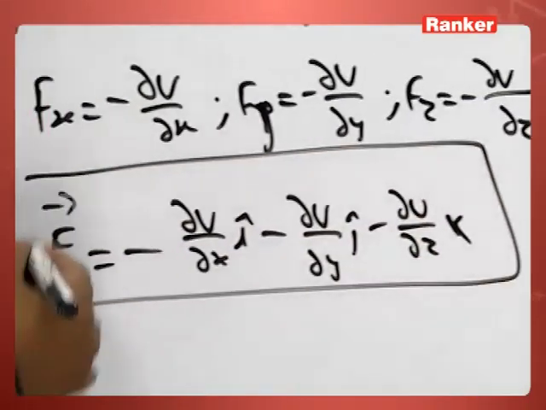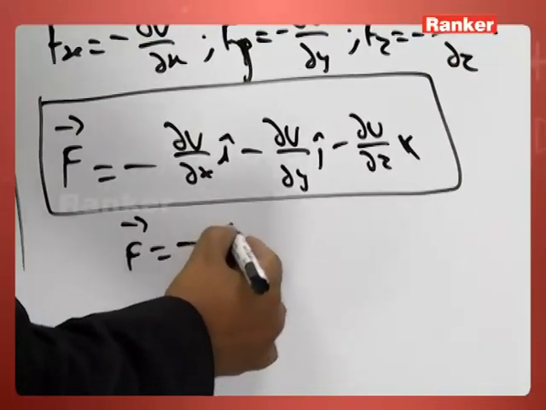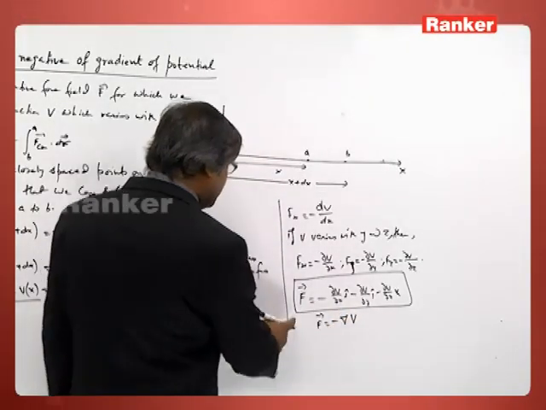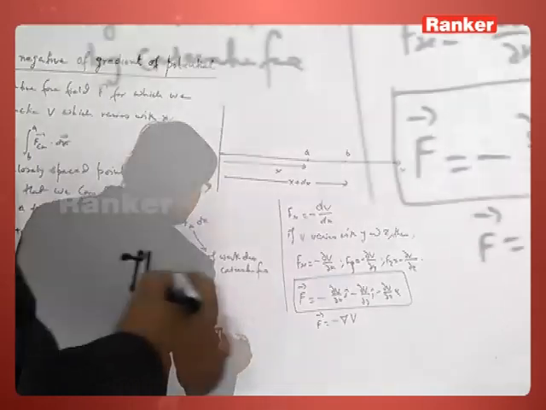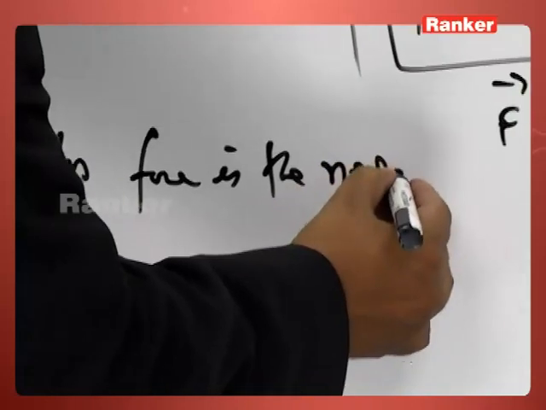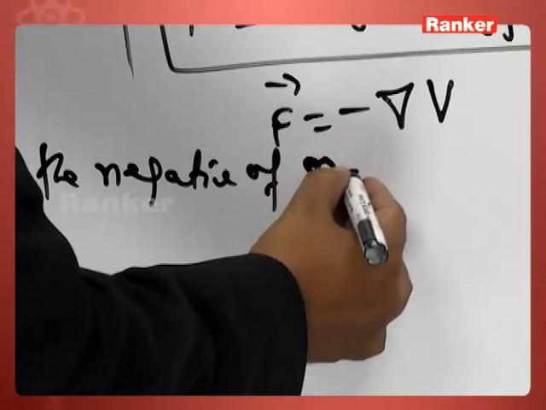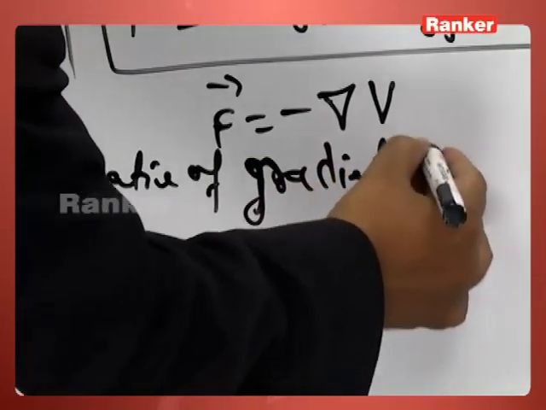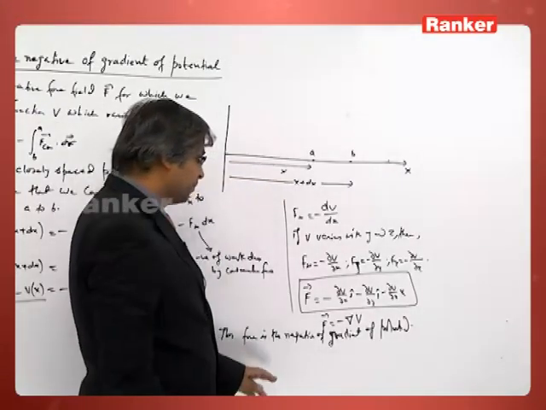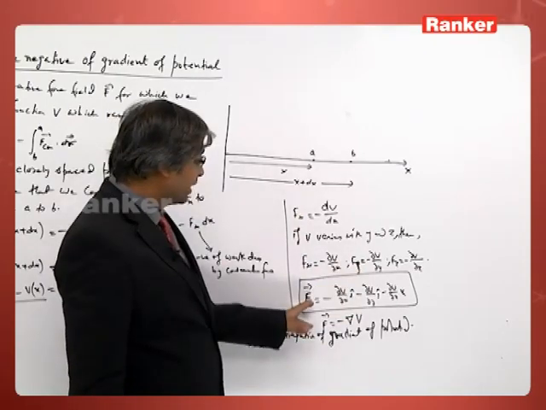This is in popular form written as minus gradient of V. Thus we say the force is the negative of the gradient of potential.